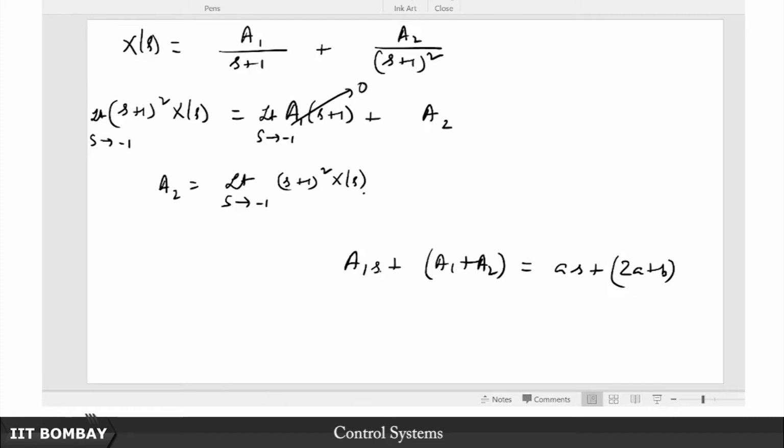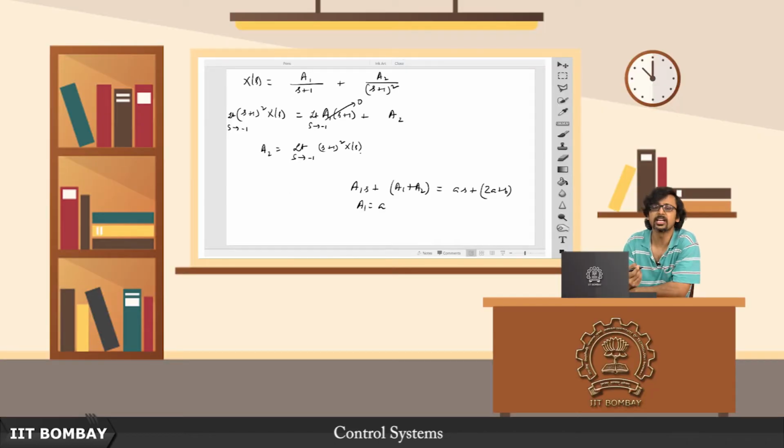For instance here, to get a1, we do not even need to bother with the second part. We can just equate the coefficient of s on both sides and we get straight away a1 is equal to a. It is a hybrid method. In the first part, to get a2, we just use this expression. Of course you can use this to get both a1 and a2, but as I told you earlier, we always want to decouple equations. When we have simultaneous equations in multiple variables, we want to decouple them, so this aids us in doing that.